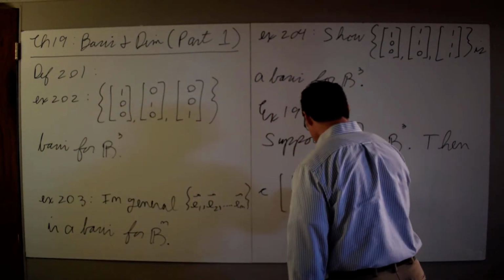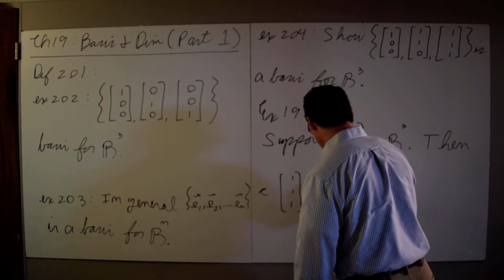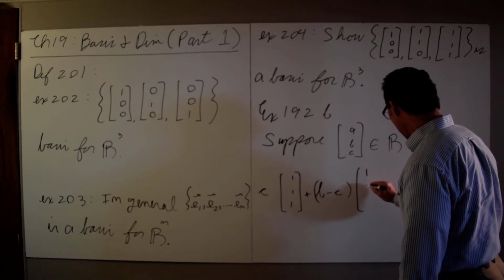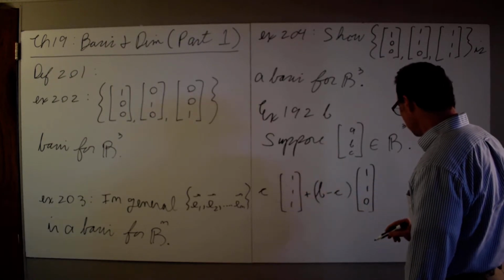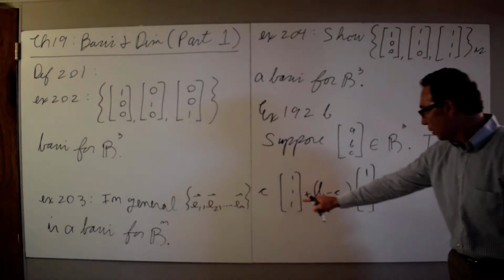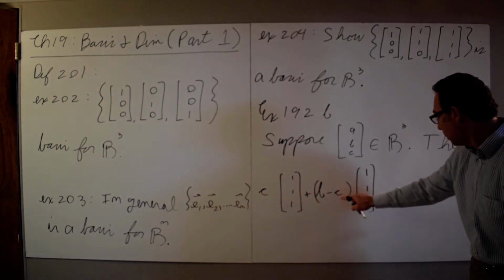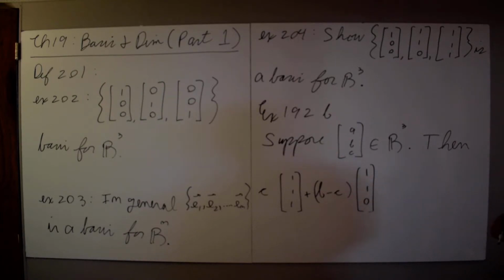So we add something times the vector 1, 1, 0. Now if we look at the second component, we have a c, then we have b minus c times the 1, and that gives us our b.